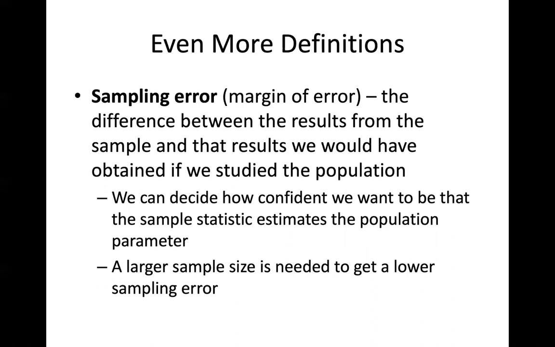There are some things that we know and some things we don't know about how close our sample will be to approximating that population. If we know that things are increasing our sampling error, we should do something in our sampling procedure to minimize it. We'll talk about some of those procedures in a few minutes.